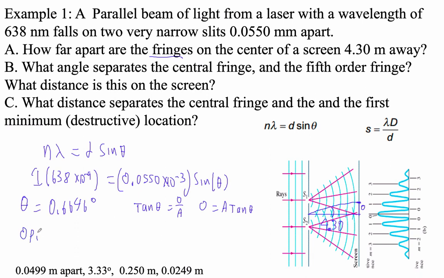So the opposite, which is what we're looking for, right, is 4.3 tan 0.6646 degrees, right? Again, I'm in degrees, so I'm going to go 4.3 tan. I'm going to grab the number in my calculator. I didn't round it.